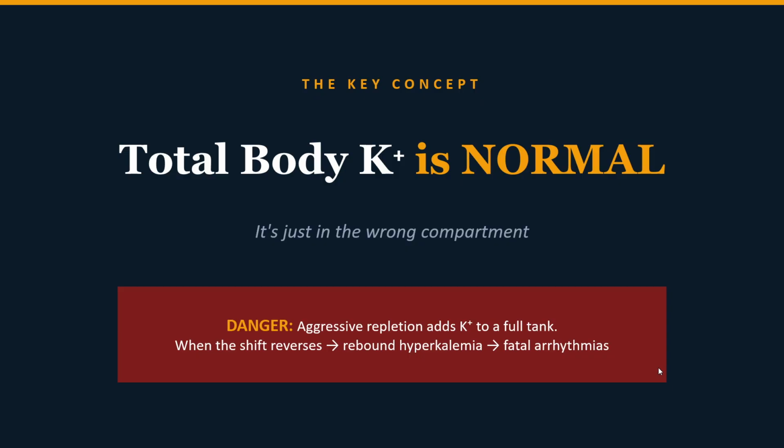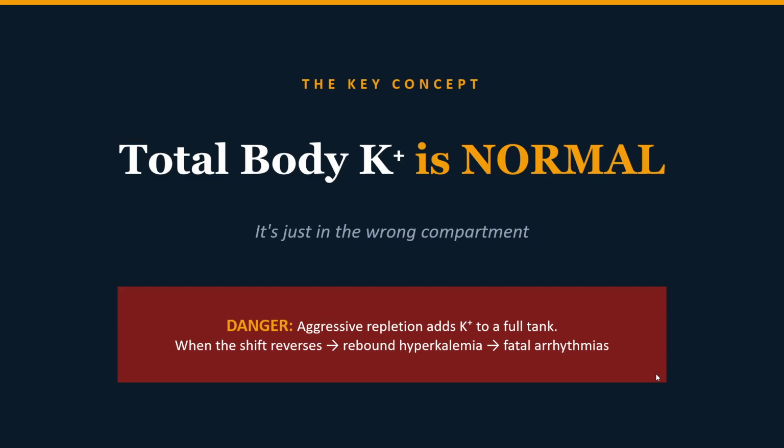If you treat a transcellular shift like a true deficit, if you aggressively replete potassium in someone whose total stores are completely normal, you are adding potassium to a body that doesn't need it. You are overfilling the tank. And when the trigger resolves, the insulin wears off, the refeeding stabilizes, whatever it is, all that potassium comes flooding back into the extracellular space, plus the extra you added.